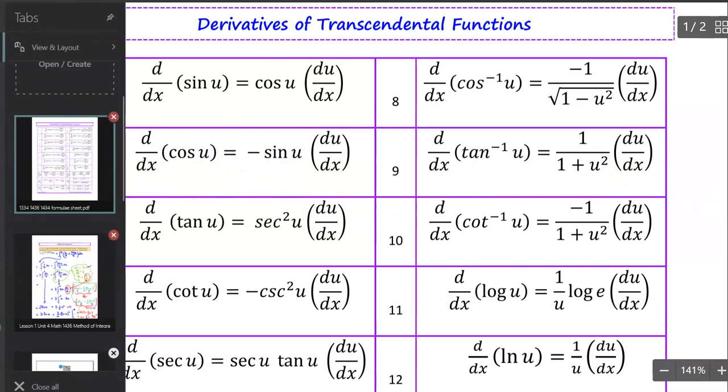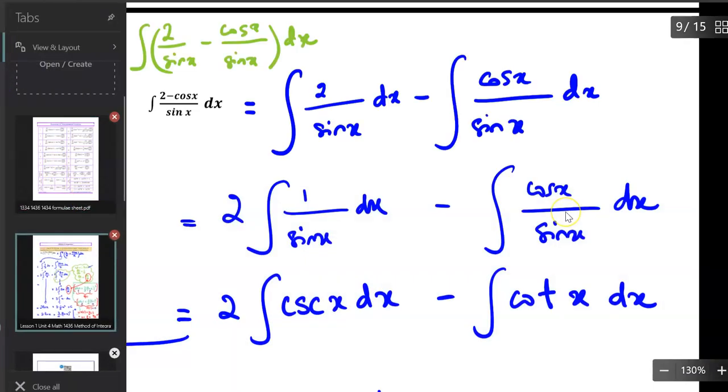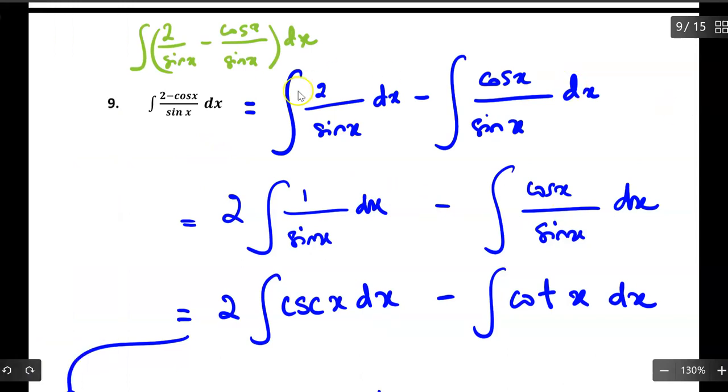But then, no matter what you try to do, you cannot manipulate it to have the dx divided by sine x. You must have sine x multiplied by dx somehow in order to match the differential factor. Therefore, you cannot work with this by letting u equal to 2 minus cos x. So I can quickly write it for everyone, but I will erase this in a minute. Let's assume that 2 minus cos x equals u.